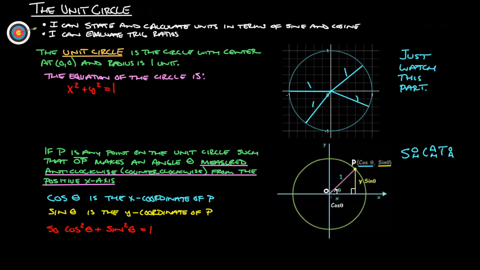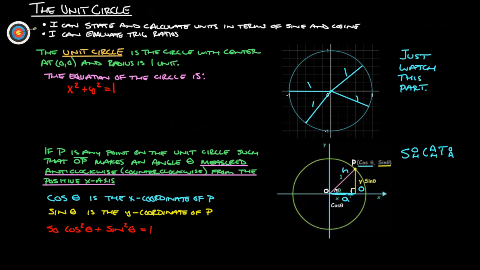We're looking for this length right here, which is going to be our x value. Remember SOHCAHTOA: with the angle here, this side is the adjacent side, this side over here is the opposite side, and this side here is the hypotenuse.